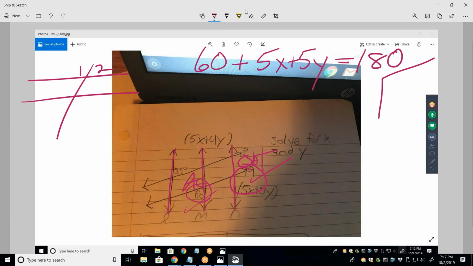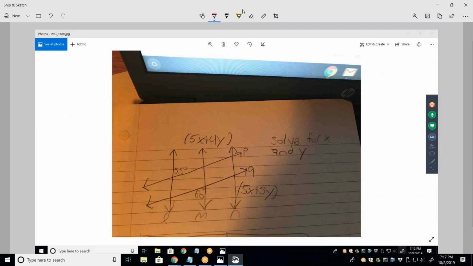And we have these two that are both parallel. Now, something's not right here. What's wrong with this picture? That's an acute angle. That's an acute angle. They've got to be equal to one another. They're not.